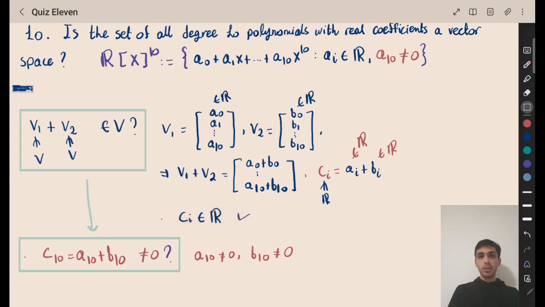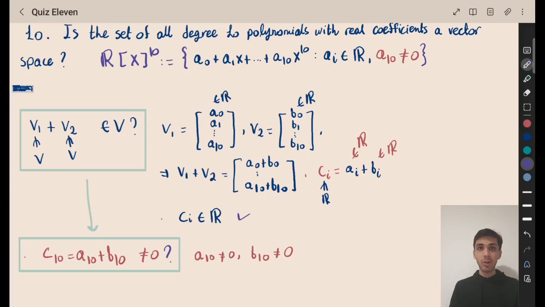Then if I add two non-zero numbers, I should get a non-zero number, right? Wrong. Just absolutely, completely wrong. I don't know what you were thinking of. Just choose any two additive inverses. Just choose 1 and minus 1.